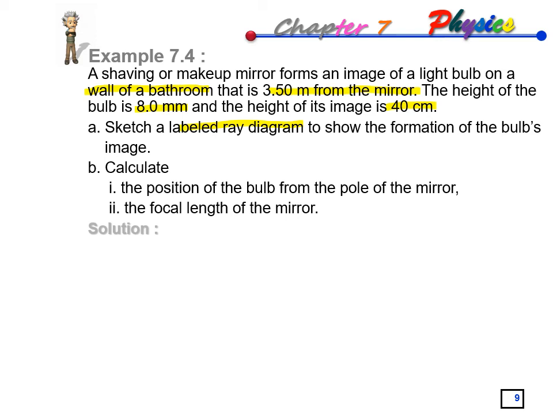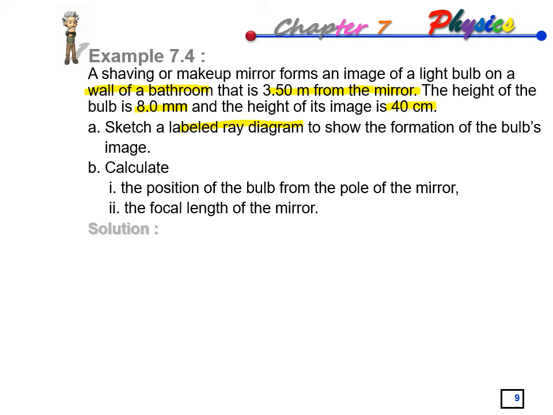For the sketching purpose, we need to do an estimation based on the description given. Where do you think your object is actually located? You need to go through the sketching that you have done before. If you place the object distance greater than C, you will end up with a diminished image. Equal to C, you will end up with the same size.